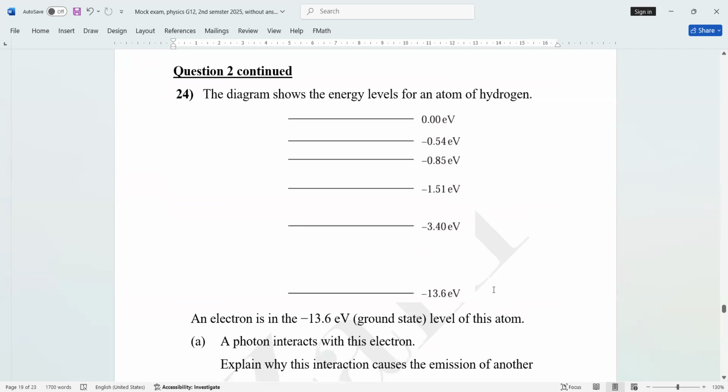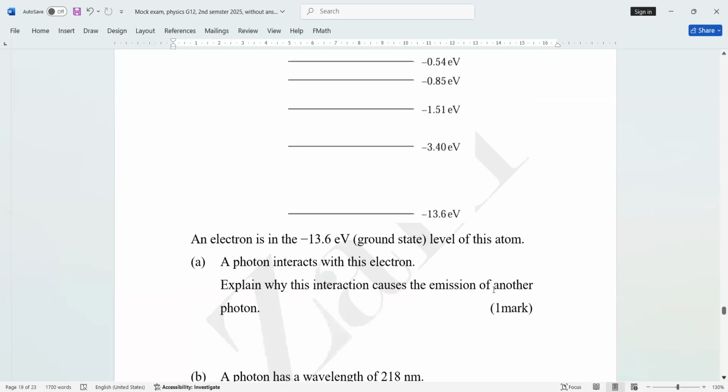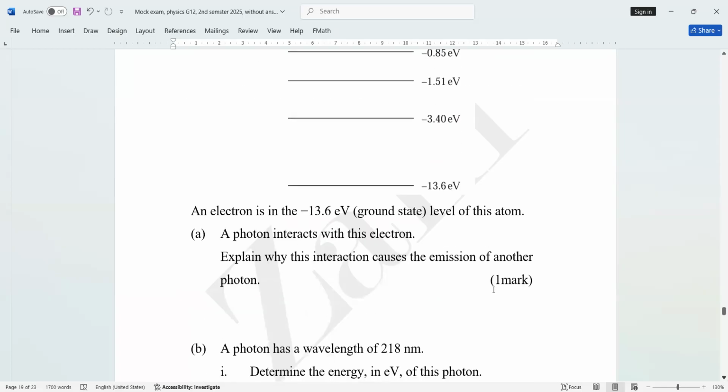A photon interacts with this electron. Explain how this interaction causes emission of another photon. The electron moves to a higher energy level when the photon interacts with it, then drops back, releasing a photon. Again, we write this answer.